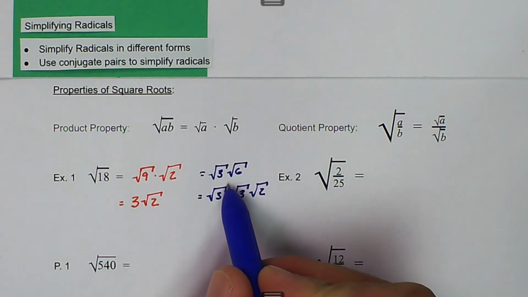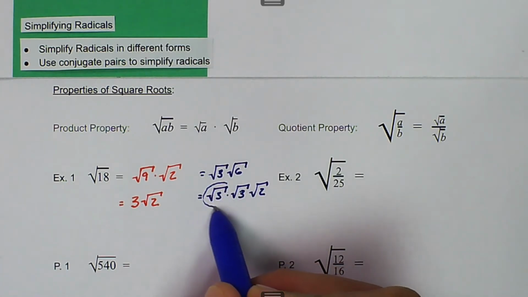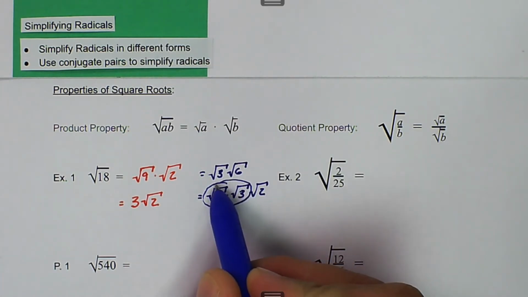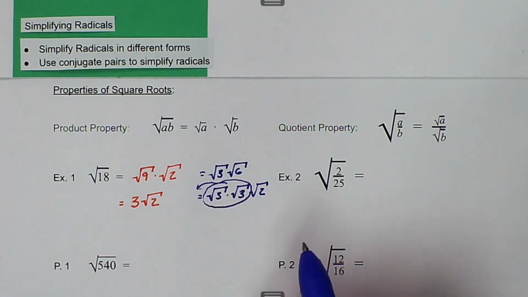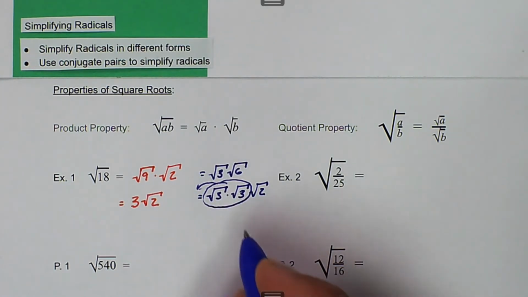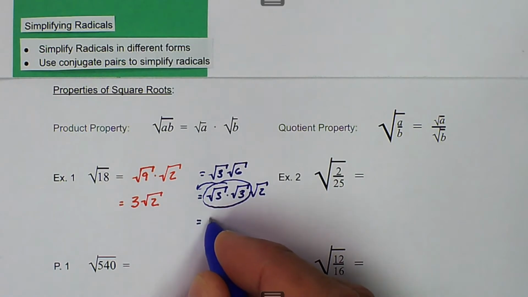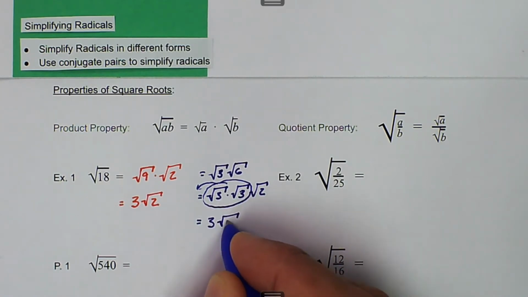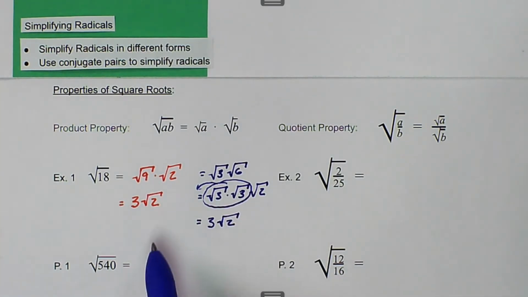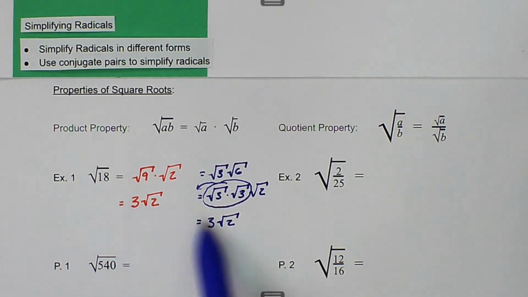Now, anytime that we have two of the same thing under the radical joined by multiplication, that's when we can take it out of the radical as just one thing. So then we can say that's equal to 3 times the square root of 2. So we can get it many different ways, but the final answer for this is 3 times the square root of 2.